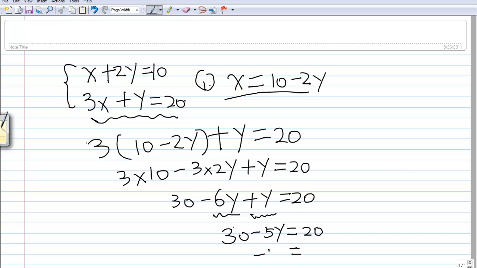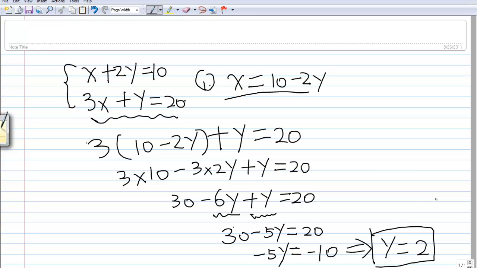We get minus 5y on the left side, and we have 20 minus 30 equals negative 10. Then we can divide by negative 5 on both sides of the equation. We get y equals 2. So yeah, we found y.